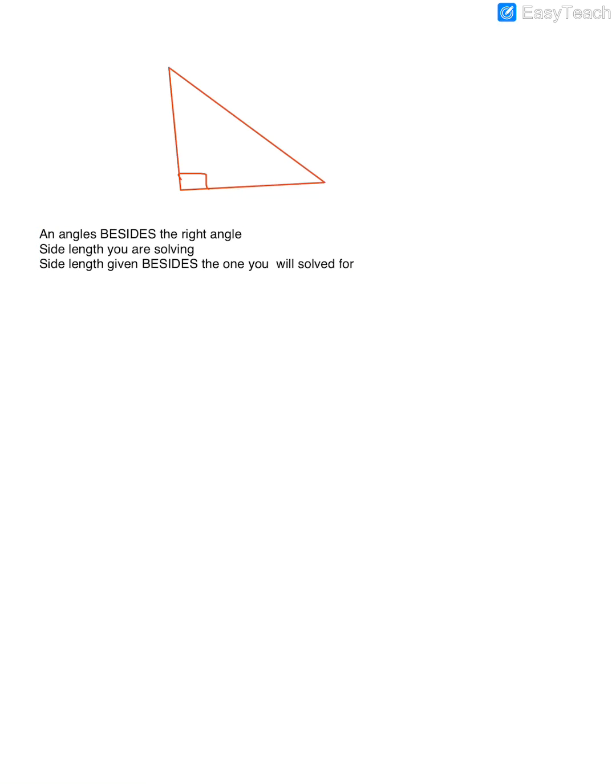So because I am just making up this example, I'm just going to add these things into the triangle real quick. So let's give this triangle an angle here of, oh my gosh, my handwriting, you guys, I'm so sorry, of 36 degrees. And then let's say we want to solve for this side right here.